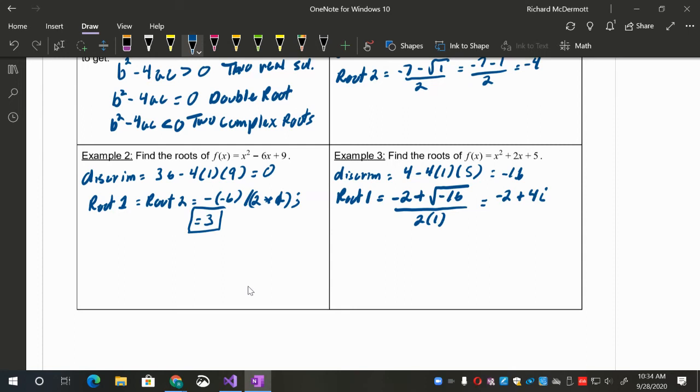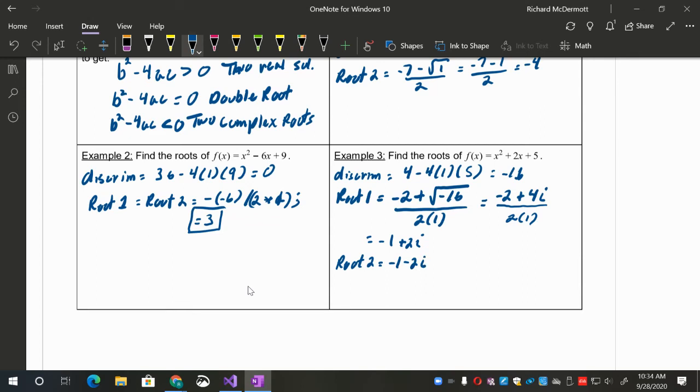It gets a little tricky when you try to program this, but I'm going to let you guys struggle a little bit with this. So root 1 is equal to negative 1 plus 2i. And we know that roots come in conjugate pairs, so root 2 is negative 1 minus 2i.